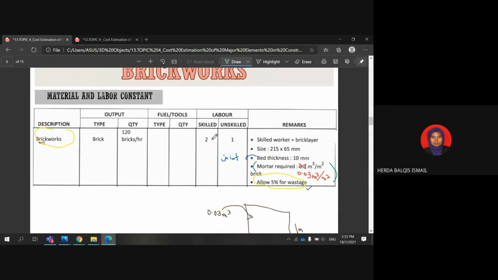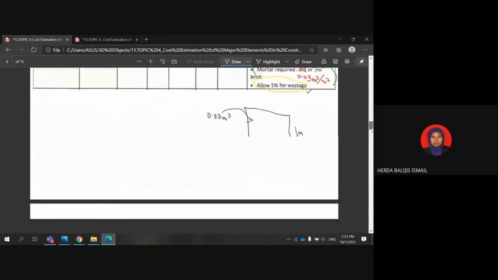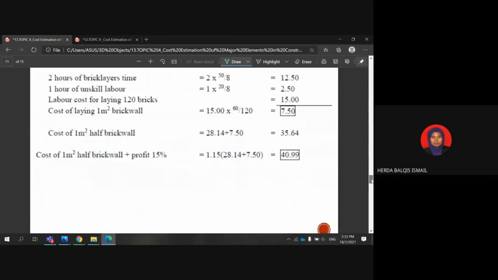But in this case, to construct 1 square meter of brick wall, the area of the brick wall is 1 square meter, and only 60 bricks are required. So now we look at how to calculate the price of labor cost.